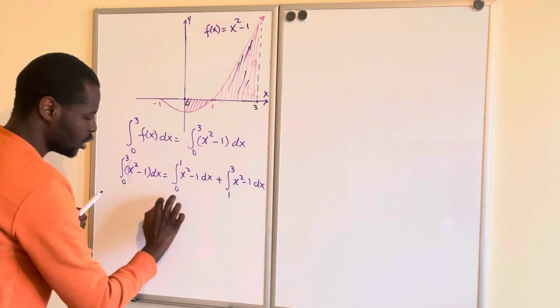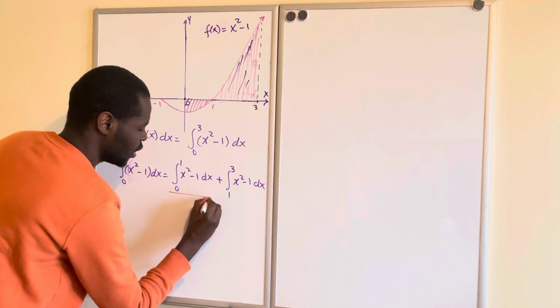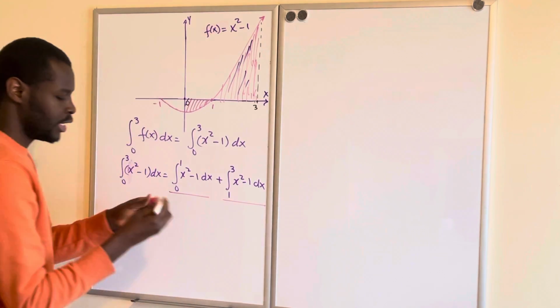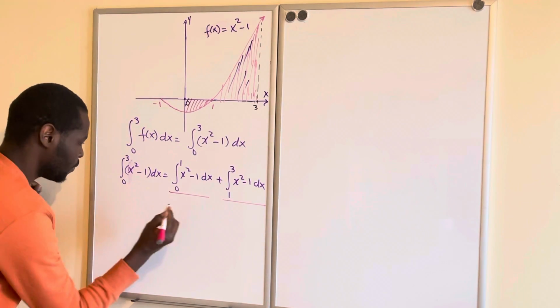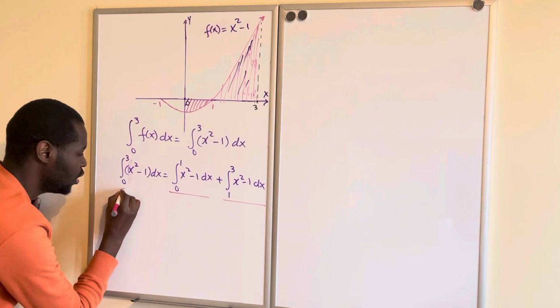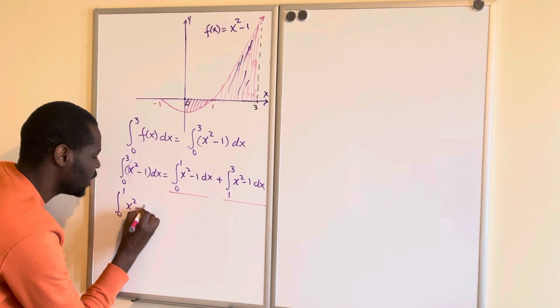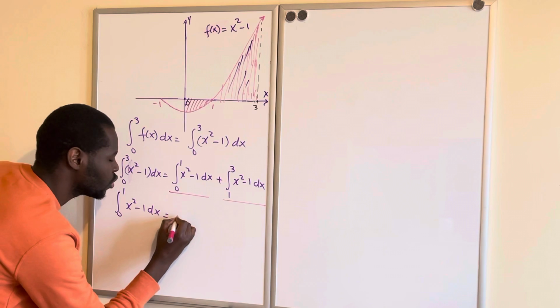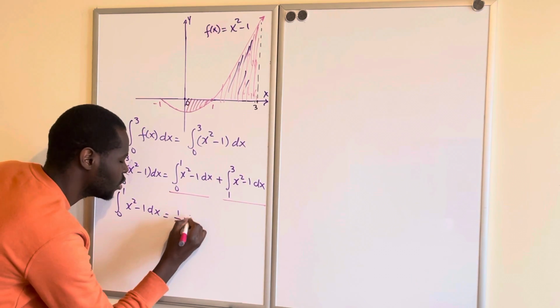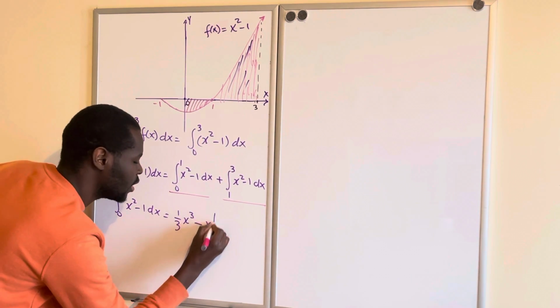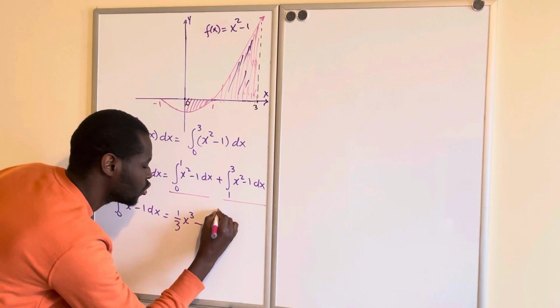I will evaluate this integral first, then evaluate this one, and then sum them up. Okay, let's go ahead. The integral from 0 to 1 of x squared minus 1 dx equals 1/3 x cubed minus x evaluated from 0 to 1.